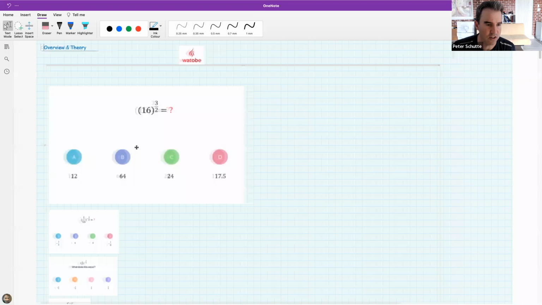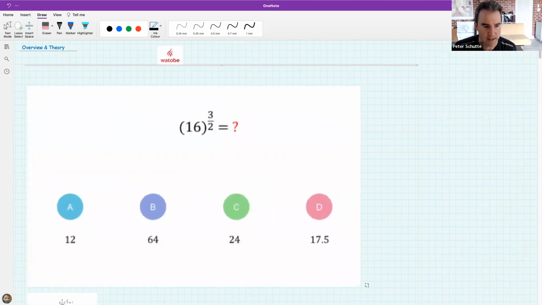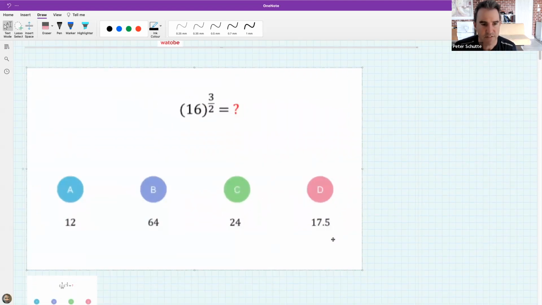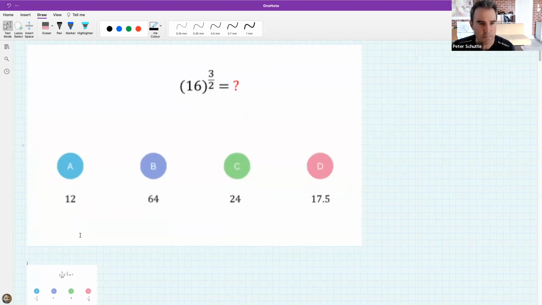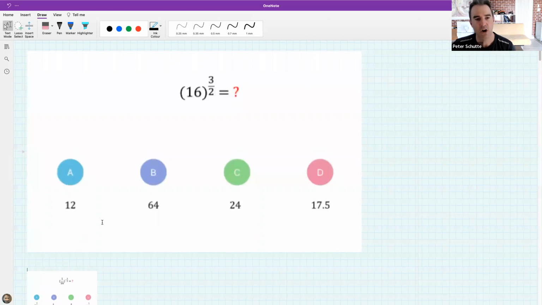Let's go to a question like this. Here's your chance to play along at home. If I say to you, what is 16 to the power of 3/2? I want you to think about that. And in the chat, I want you to put either A, B, C, or D. So what is 16 to the power of 3/2?